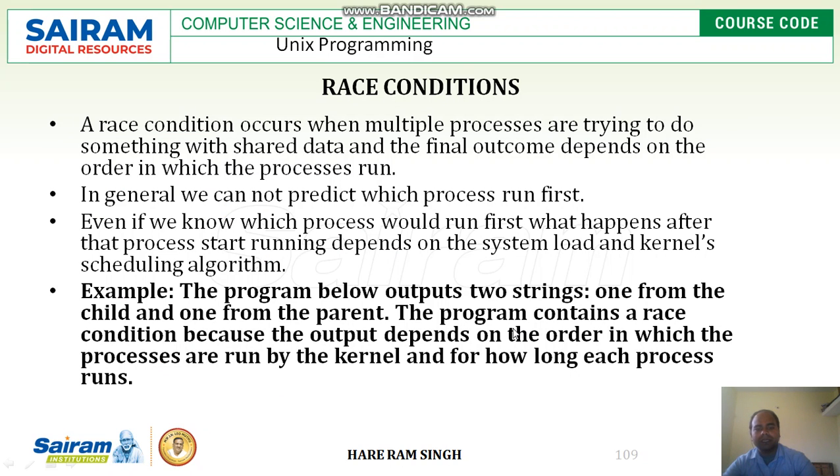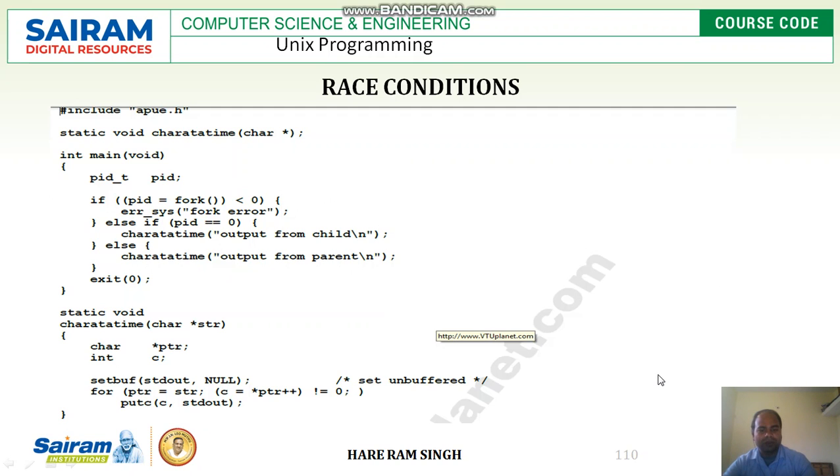The program contains a race condition because the output depends on the order in which the processes are run by the kernel and for how long each process runs. Whether the output comes from the parent or the child depends on the processor, system load and scheduling algorithm. So here the race is happening between the parent process and the child process to output the data.